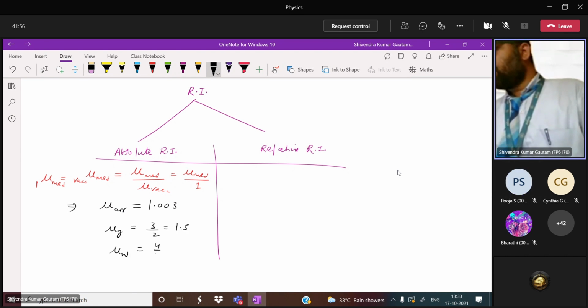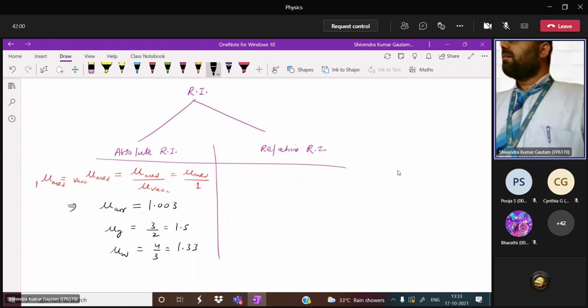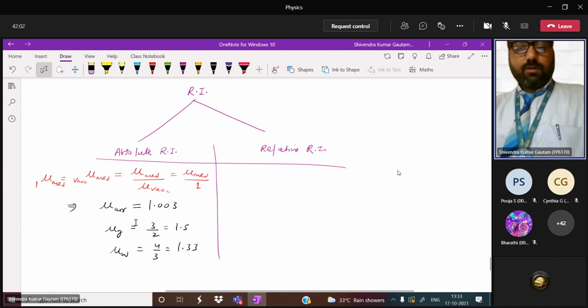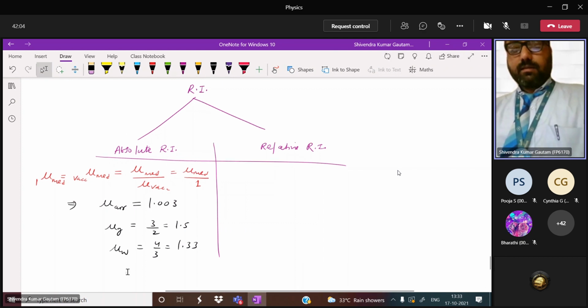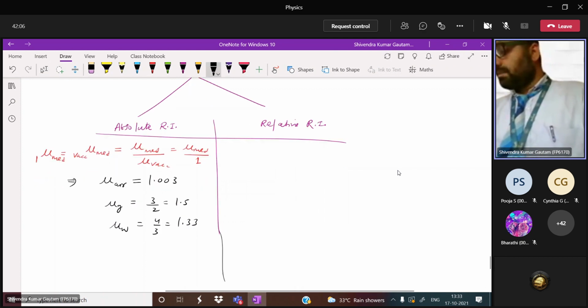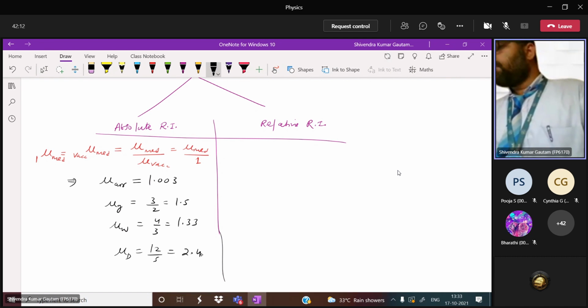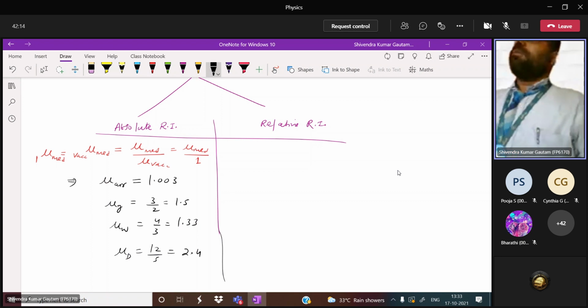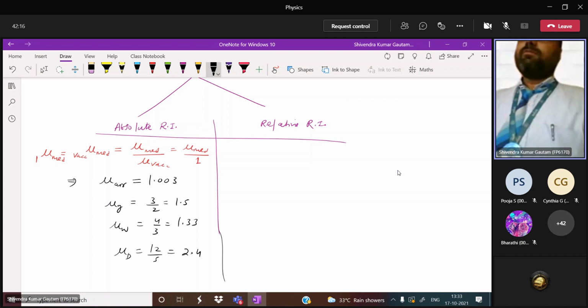Mu water is 4/3, 1.33. One more value you have to know, which is the maximum refractive index, that is diamond. This value is 12/5, around 2.4. Remember 12/5, maximum refractive index, for the diamond.